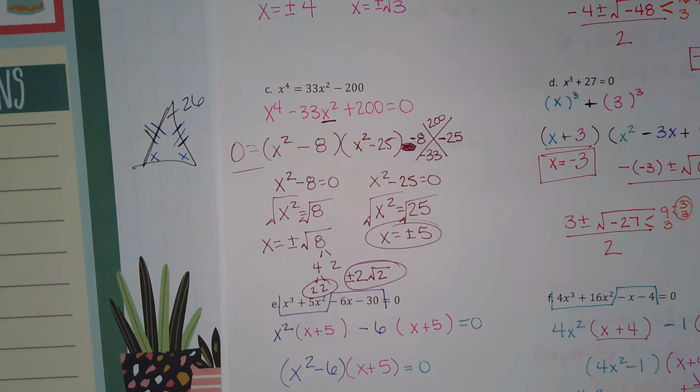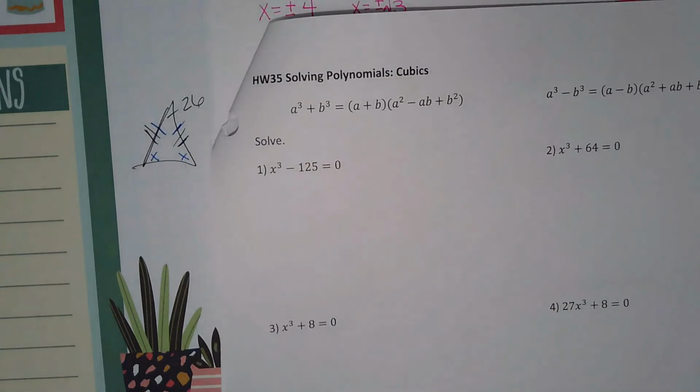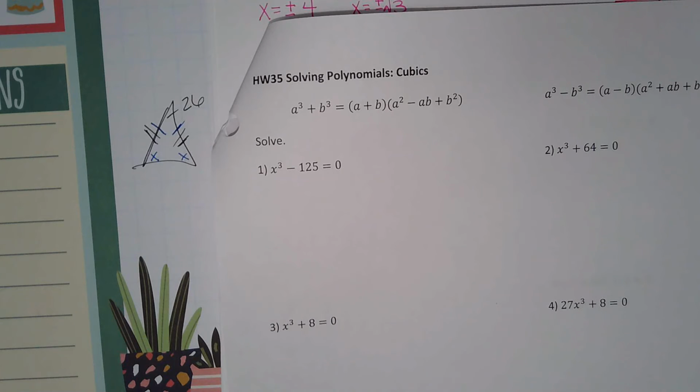Okay. So my question for you, because I assigned 1, 2, and 3 on the cubics, questions on 1, 2, and 3. Page 3 now. Questions on the cubics. Page 3. My bad.